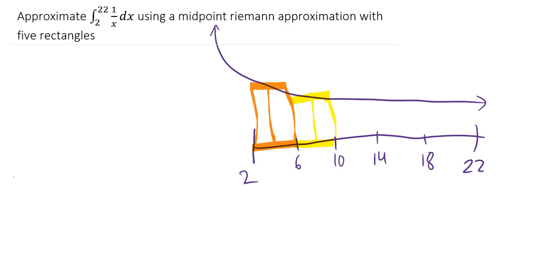Then a rectangle that goes from 10 to 14, and its height will be determined by f of 12, a little higher, let's say, like that. And then 14 to 18, and I use f of 16 to determine its height. At this point, my drawing is too bad to really tell. 18 to 22, I use f of 20.